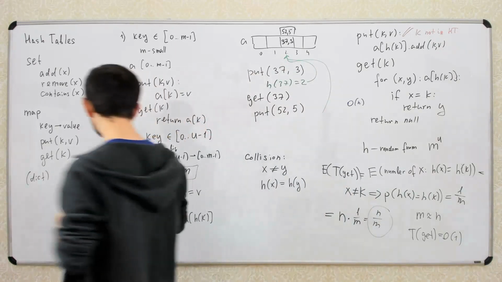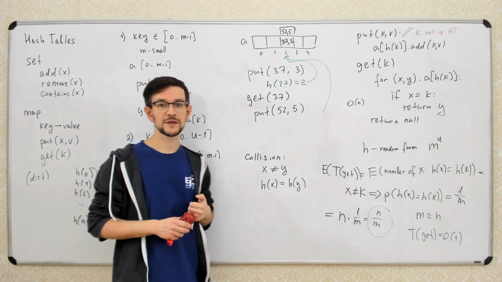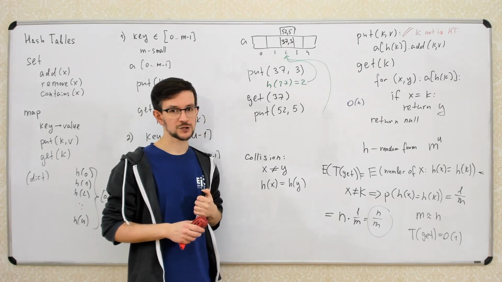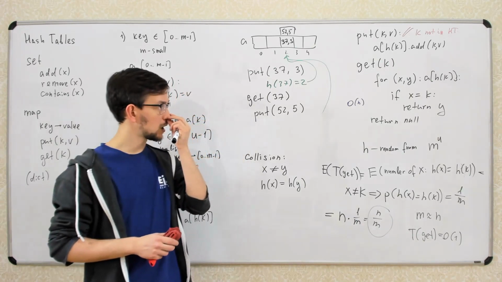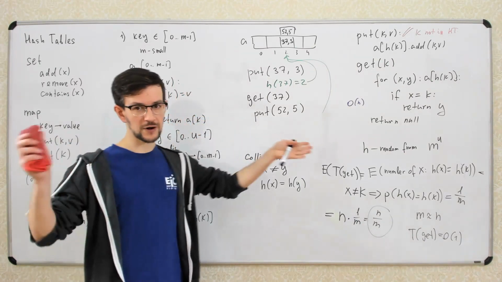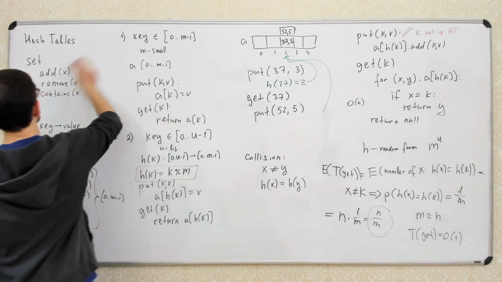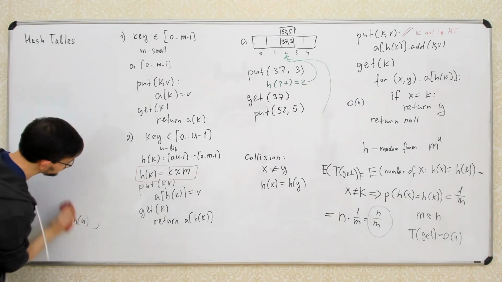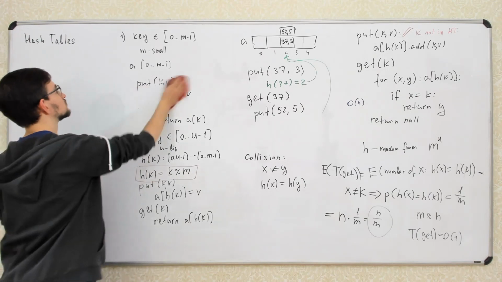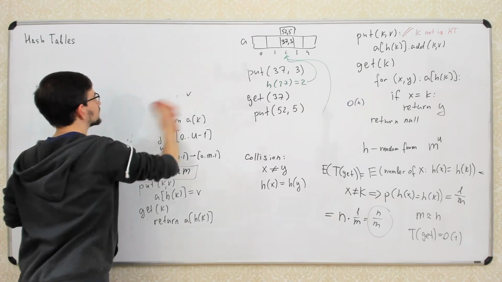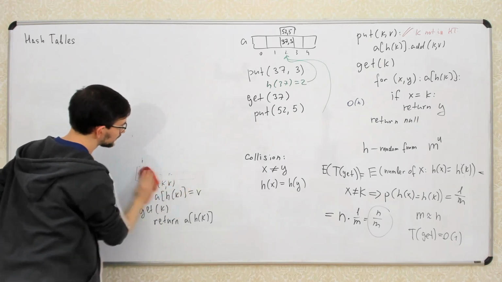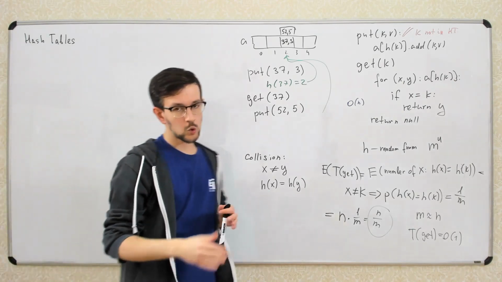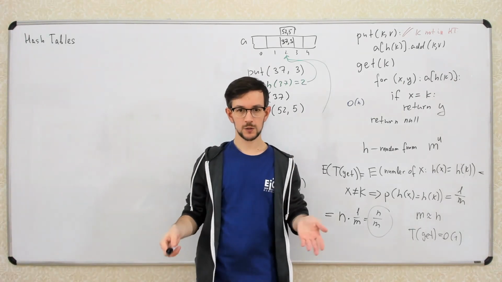Now, what if I don't like the collisions? If you don't like the collisions and you want to avoid collisions, is it possible to have a big array? What if I don't like the collisions and I want to avoid them?